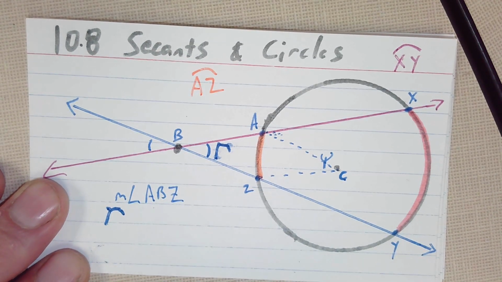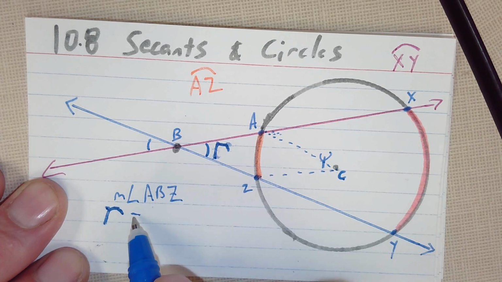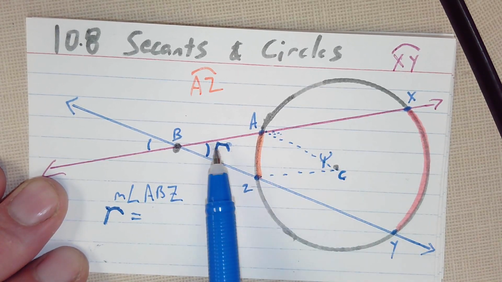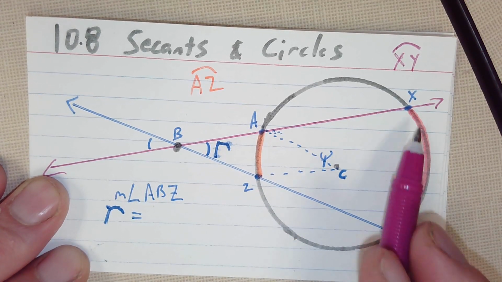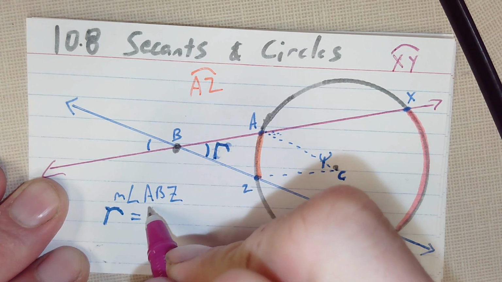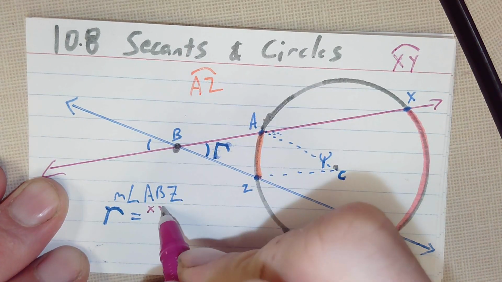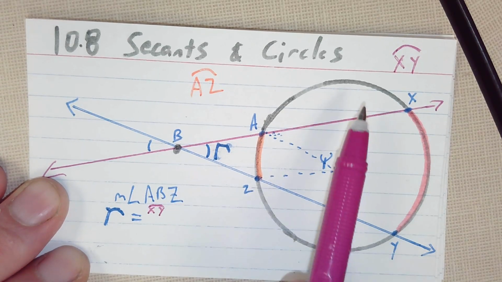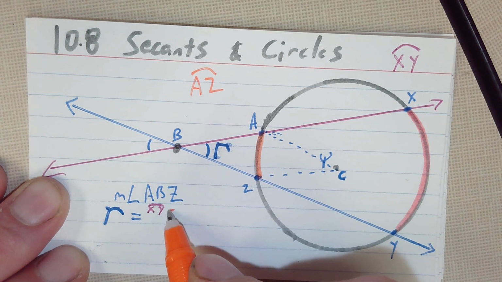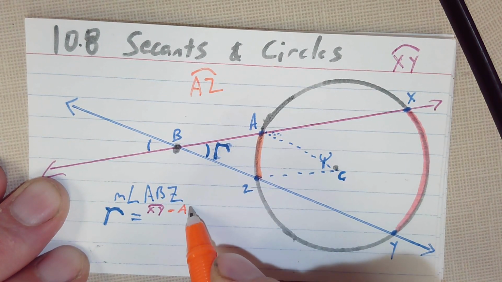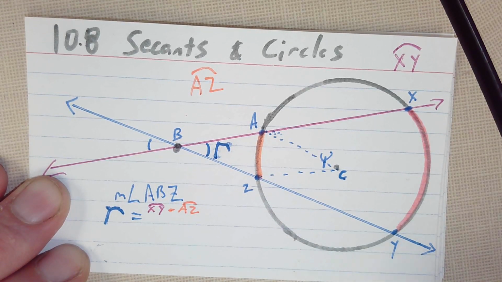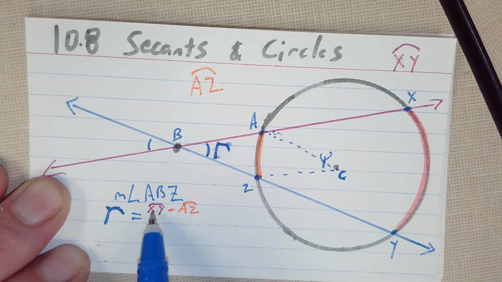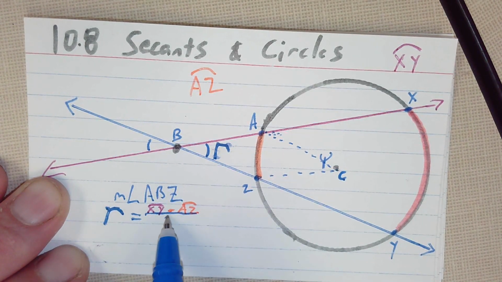Okay, uppercase gamma is going to be equal to the arc measure of XY, the bigger one, the one farthest away, the bigger arc measure, minus the smaller arc measure, the orange one in my example, divided by, you guessed it, 2.